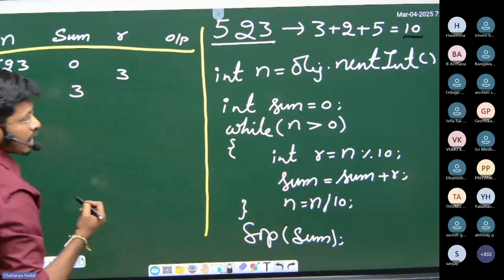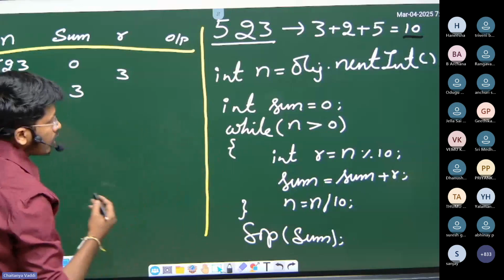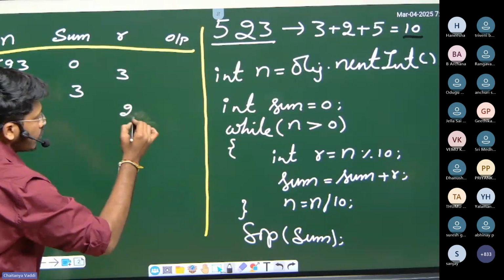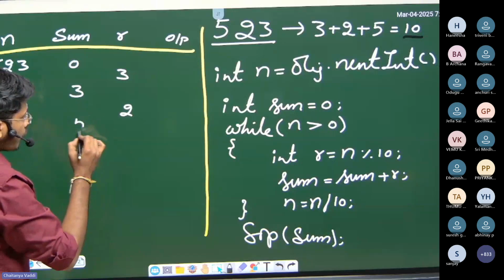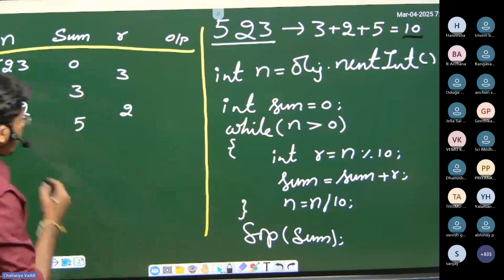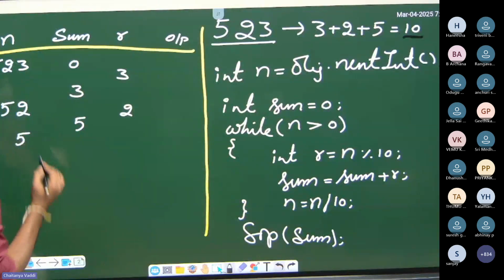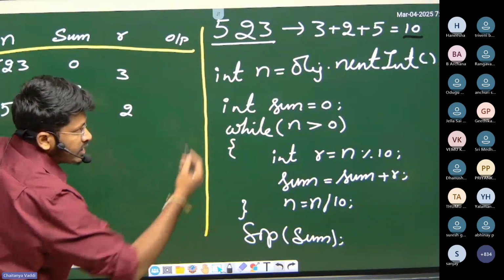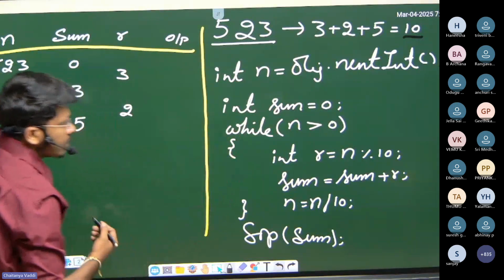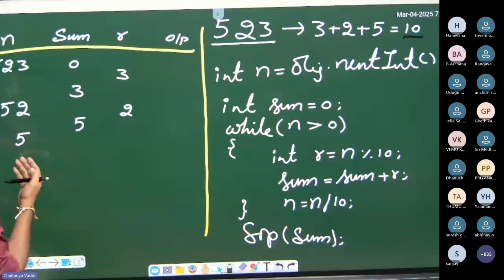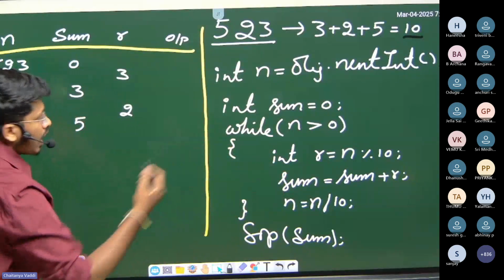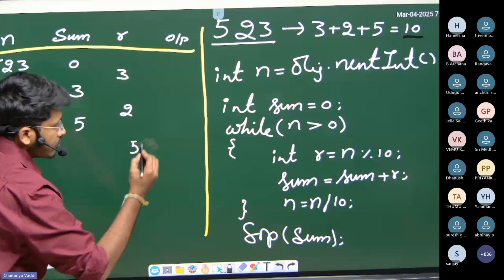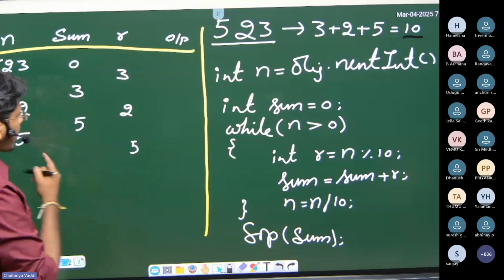And next, r equals n mod 10, so r becomes 2, and then sum equals sum plus r, nothing but 3 plus 2, 5. Next, n divided by 10, 52 becomes 5. Again, it jumps to the while loop condition. n value is 5, 5 is greater than 0, so true. Again, it enters the block, and r becomes 5 now, because n mod 10 is nothing but 5.